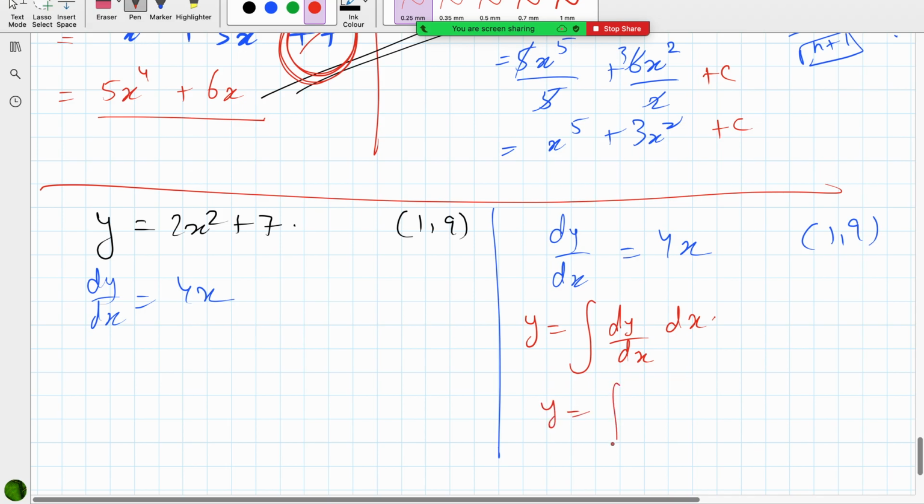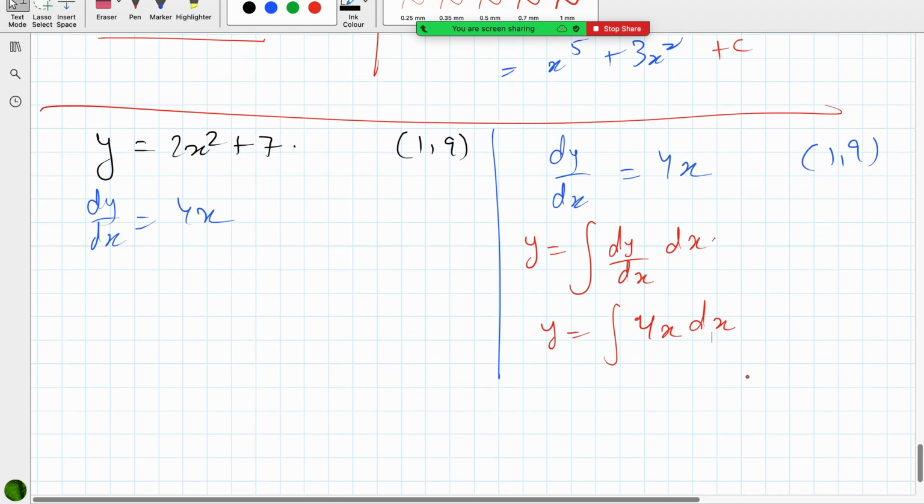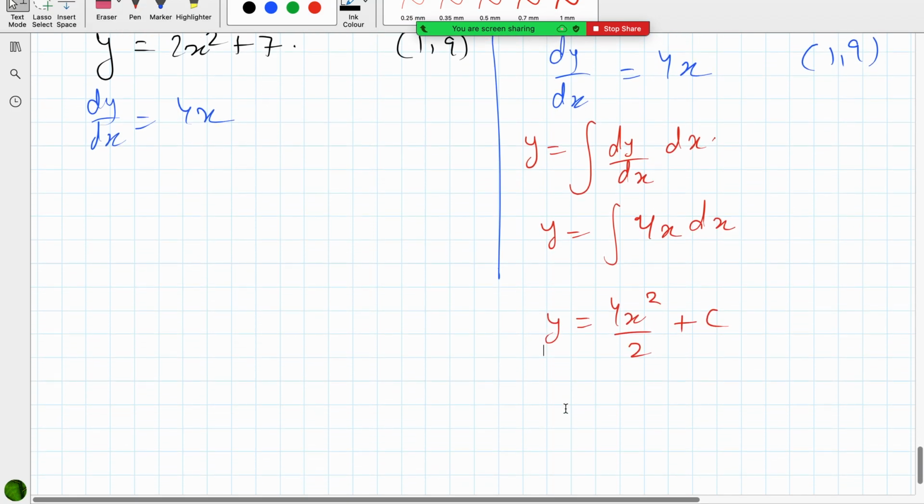So y is equal to integration of 4x, and this is 4x power 1 plus 1 divided by the new power, plus c, the constant. And we know when x is 1, y is 9. So 9 equals 4 into 1 squared over 2 plus c, so 9 minus 2 is equal to c, c is equal to 7.